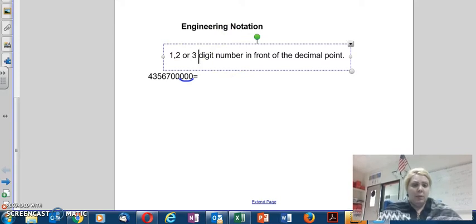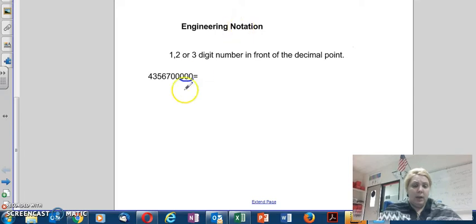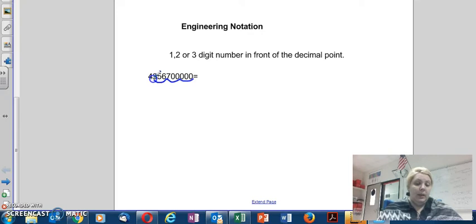So the answer in my case right now is absolutely not. This still has lots and lots of digits, so I'm going to go 3 more. Is the number in front of my decimal point a 1, 2, or 3 digit number that is non-zero? The answer is no. So I'm going to move 1 more. And now I have a 1 digit number in front of my decimal point. I can stop.